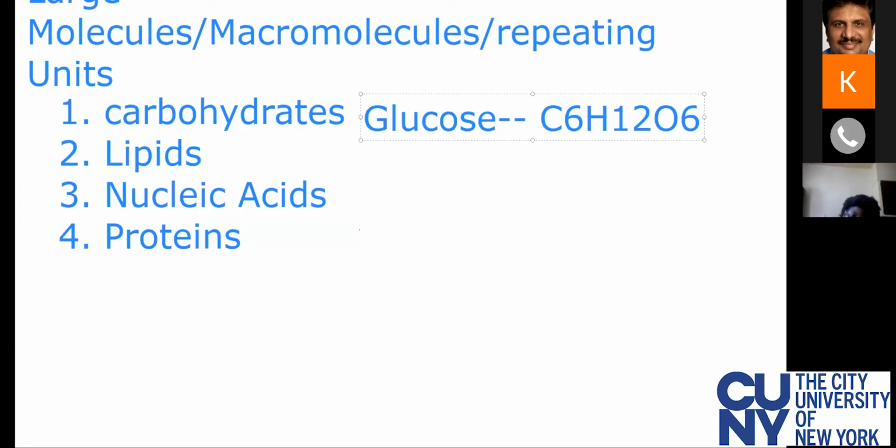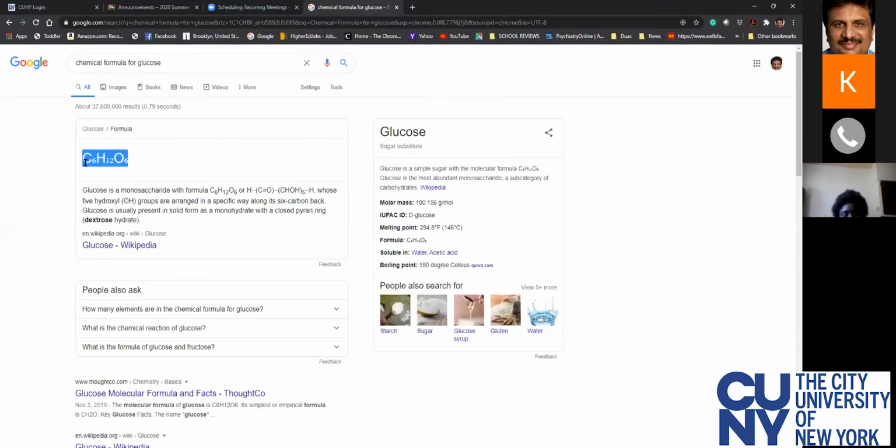Right. So glucose is, in real, written as C6H12O6. Six carbon atoms, 12 hydrogen atoms, and 6 oxygen atoms.